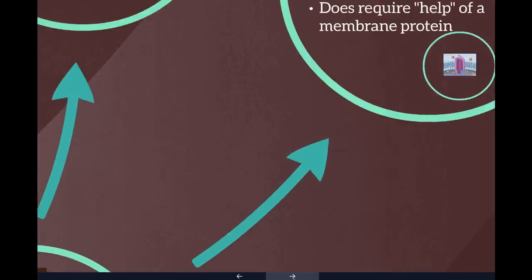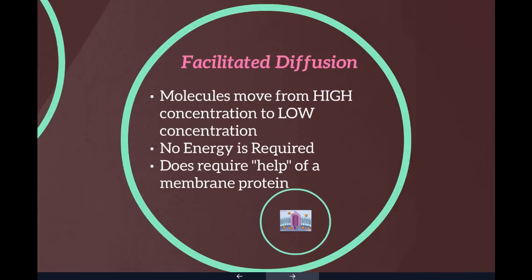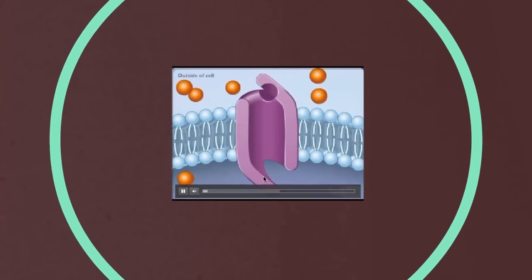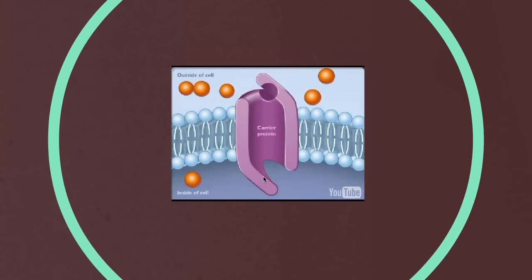What about facilitated diffusion? Well, whenever you facilitate something, that means you help it along. And so with this type of diffusion, there's a helper involved. No energy is needed at all, but the helper in this case is a membrane protein. In the process known as facilitated diffusion, a special carrier protein with a central channel acts as a selective corridor which helps molecules move across the membrane.